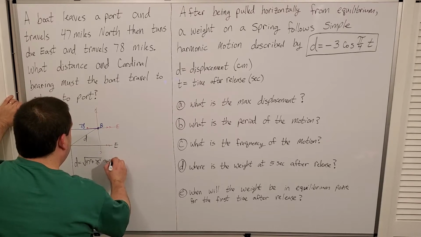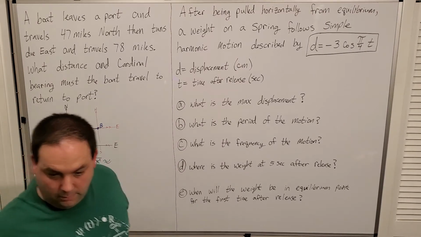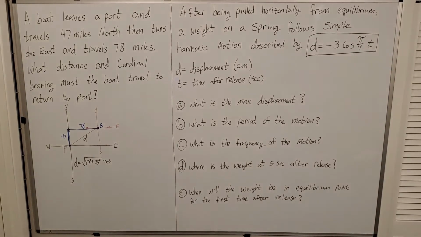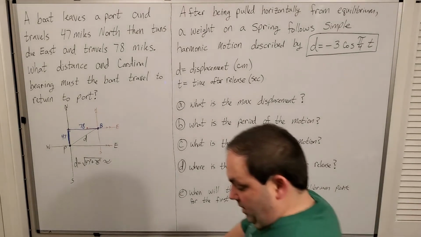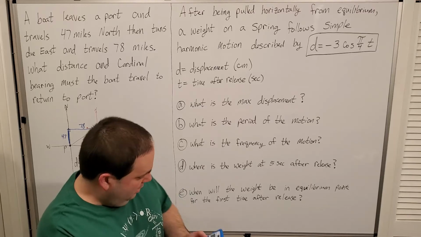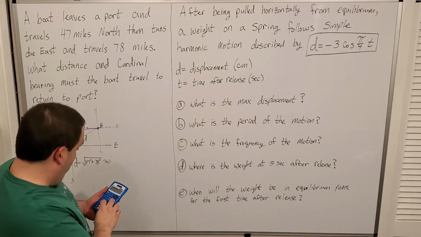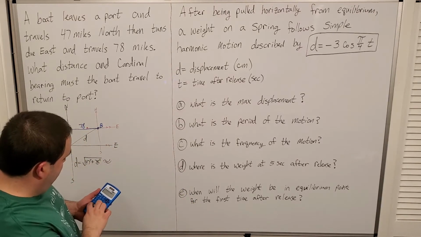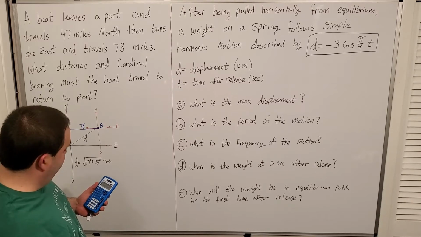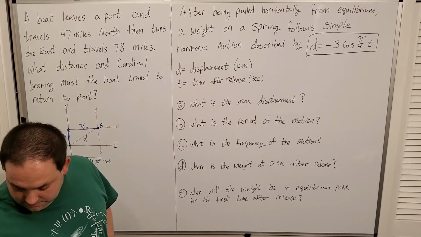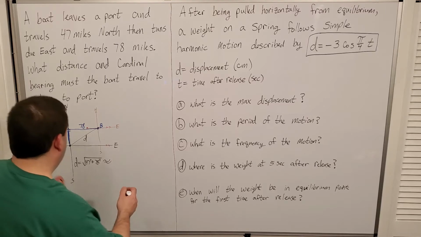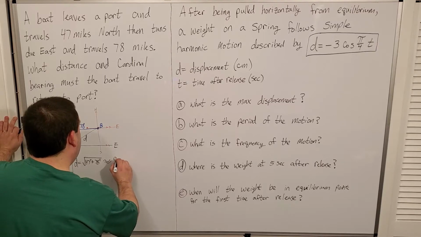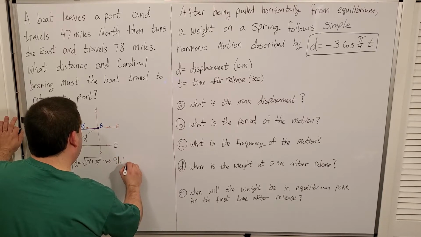This is just a punch and crunch, my handy dandy time saver. Square root of 47 squared plus 78 squared, I have 91.06. So let's just say 91.1 miles.